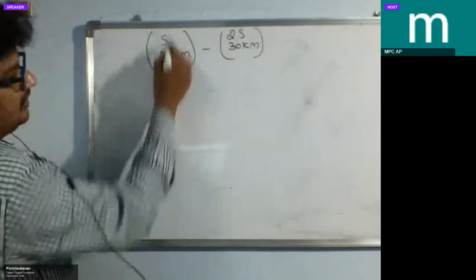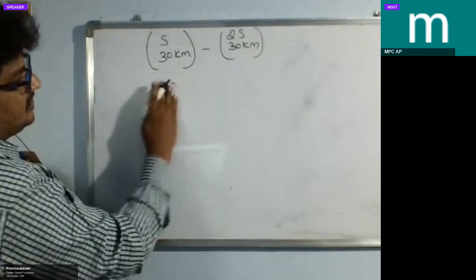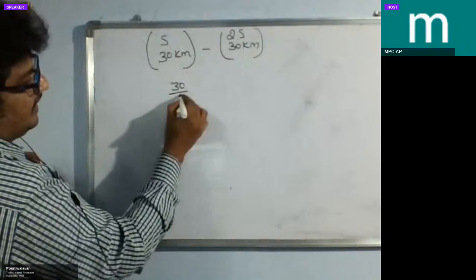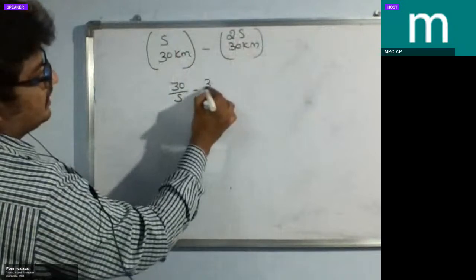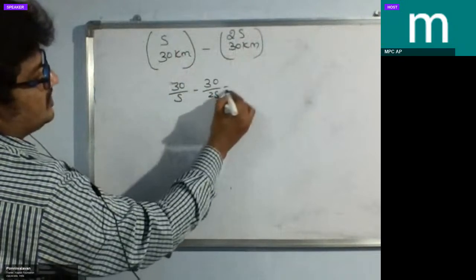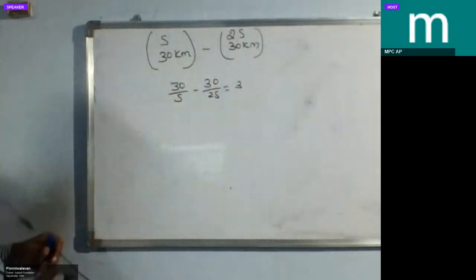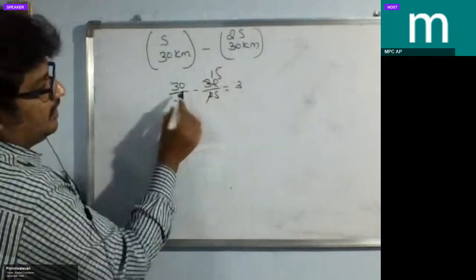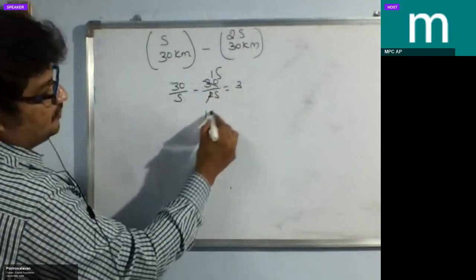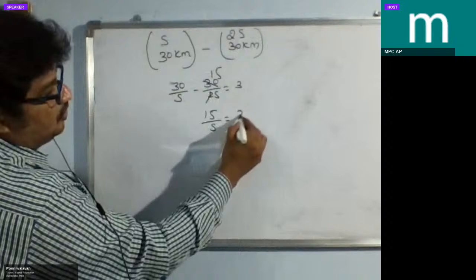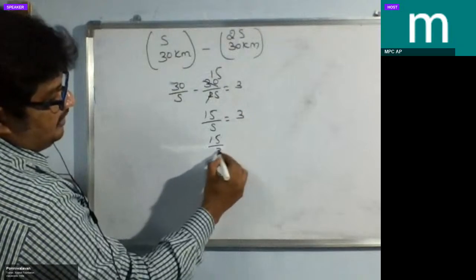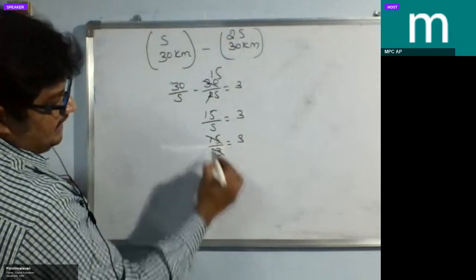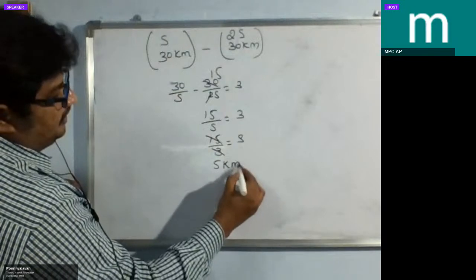So 30 divided by s minus 30 divided by 2s equals 3 hours. 2 cancels, it is 15. So 30 minus 15, it is 15 by s equals 3. So 15 by 3 equals s. Again the answer is 5 kilometers per hour.